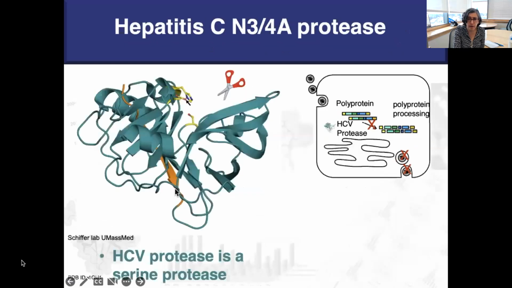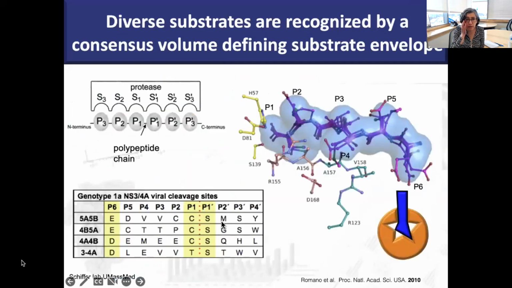So hepatitis C protease, like all viral proteases, is responsible for cleaving a number of sites in the viral polyprotein. As I mentioned before, it's a serine protease. And some work we did over 10 years ago was to solve the substrate crystal structures, or actually the product crystal structures, because it turns out serine proteases can have catalytic activity even if you mutate some of the active site residues.